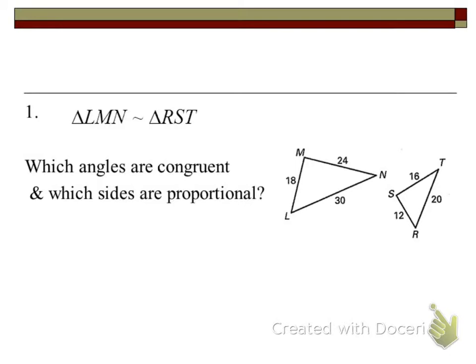So let's look at the angles first. Which angle should be the same as angle L? Angle R, very good. And you can either match them up based on the diagram, or you can just look at the order they were given. L was first, R was first, so those are the ones that are going to be congruent. Which one matches up with angle M?